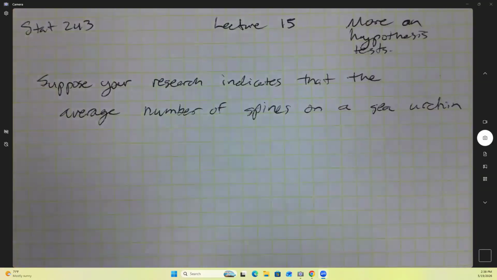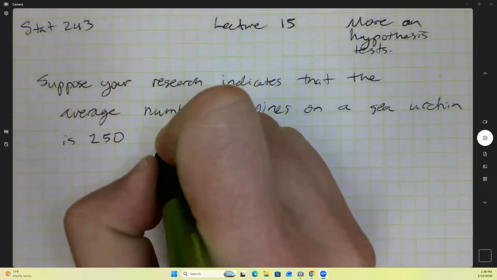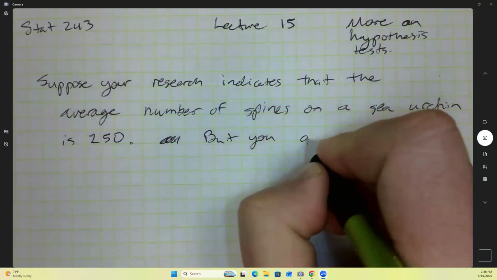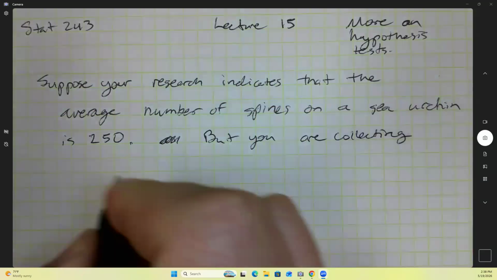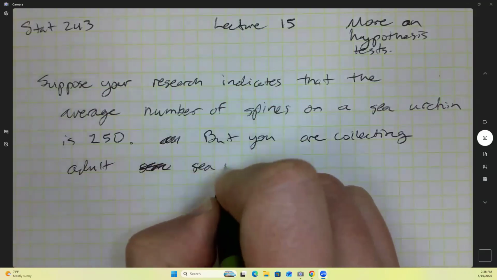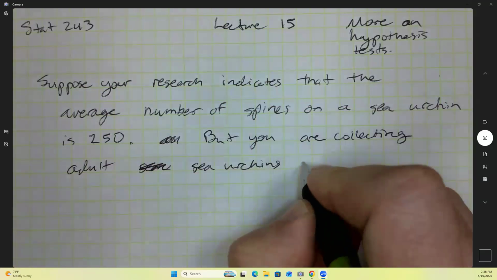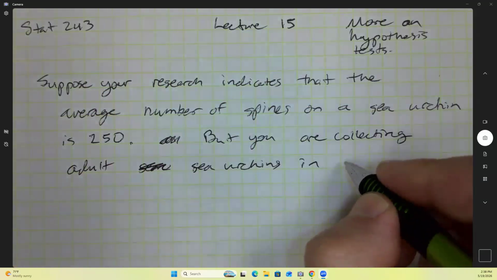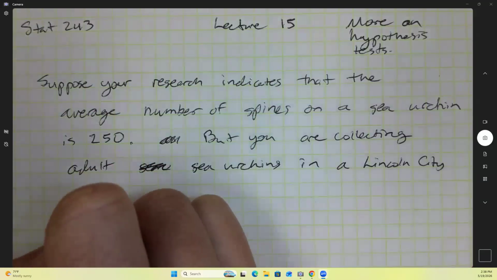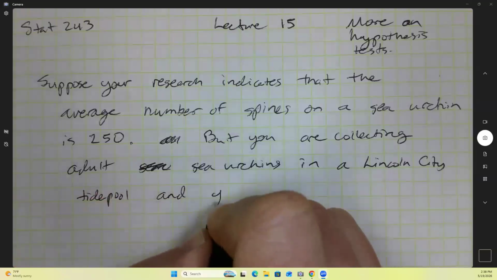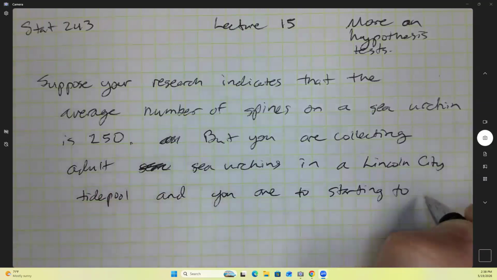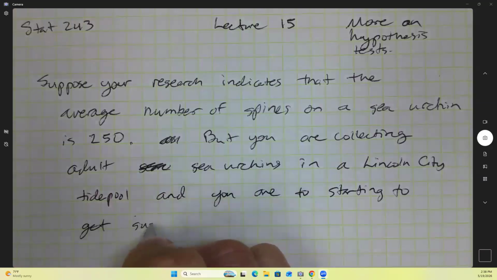The average number of spines on sea urchins is 250. But you are collecting adult sea urchins in a Lincoln City tide pool, and you are starting to get suspicious with what you notice.